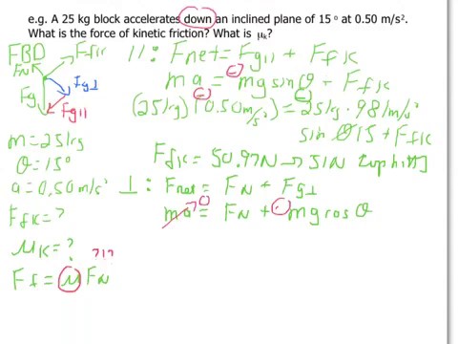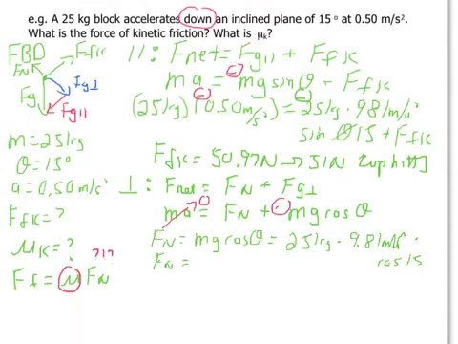Solving for Fn, Fn is positive mg cos theta. Substitute 25 kilograms times 9.81 meters per second squared times the cosine of 15. We find that our normal force is 236.9 newtons.